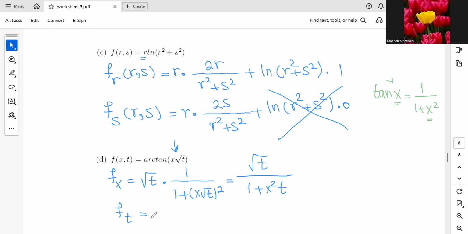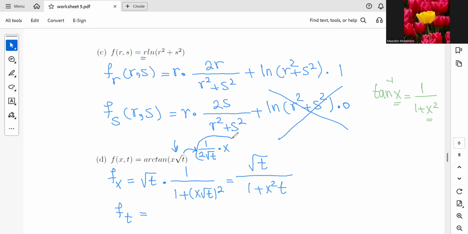Same idea when you're going to find the derivative of f with respect to t. That would be the derivative of inside, which is x square root of t, this time with respect to t. So we know that the derivative of square root of t itself is 1 over 2 square root of t. And we would multiply this by x.